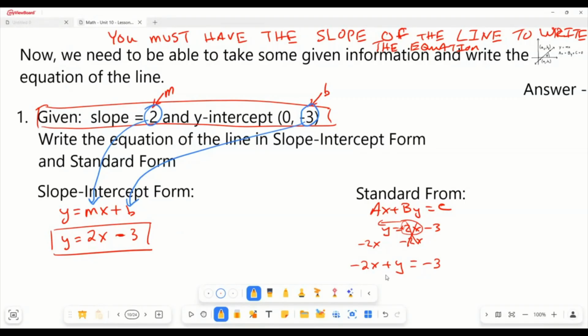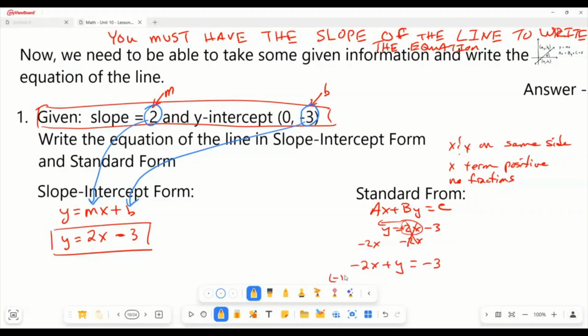The only thing that's wrong now is the x term has to be positive. So x and y on the same side, x term positive, no fractions. So I've got to get rid of that negative.